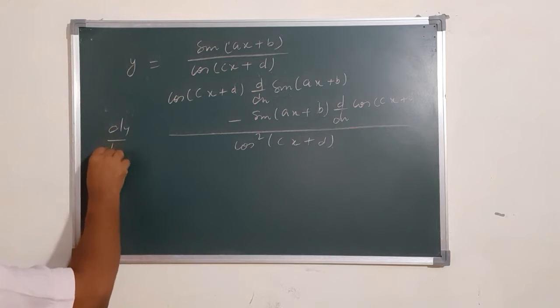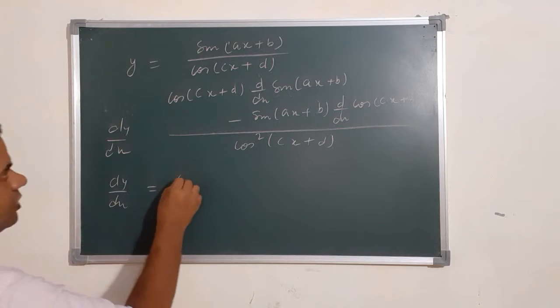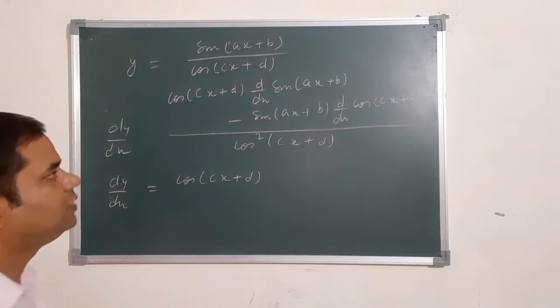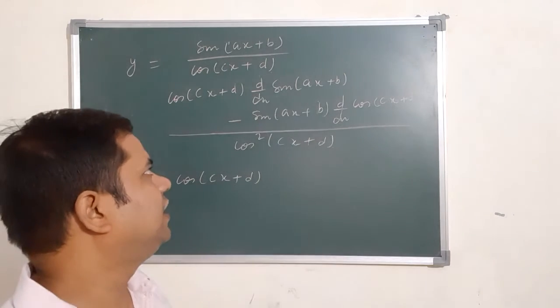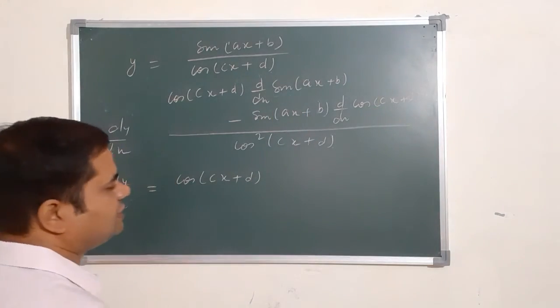Now we solve it, we will get the result: dy by dx is nothing but cos of cx plus d, and what is the differentiation of this? This is cos ax plus b, and then d by dx of ax is a.